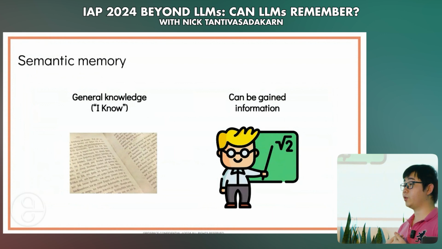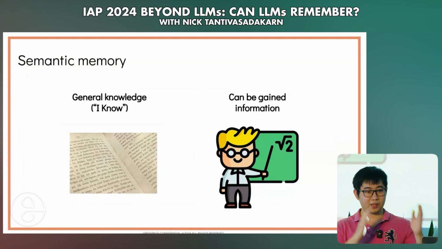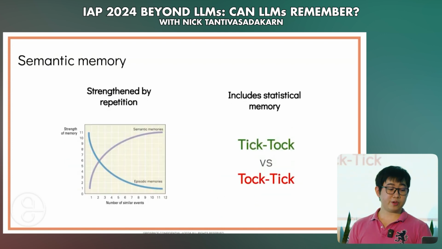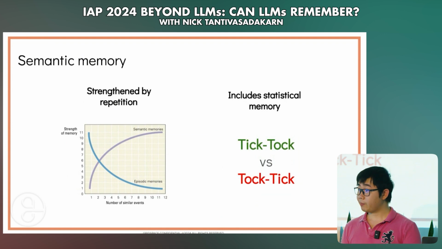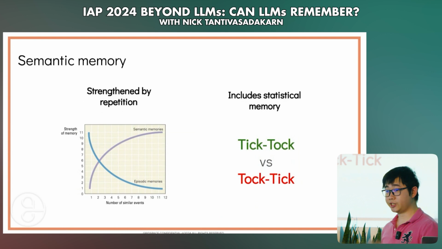It doesn't matter whether you read about it on a website, learned it in the classroom, or some random person told you. It is similar. For the same reason, semantic memory is the type of memory that is strengthened with repetition.